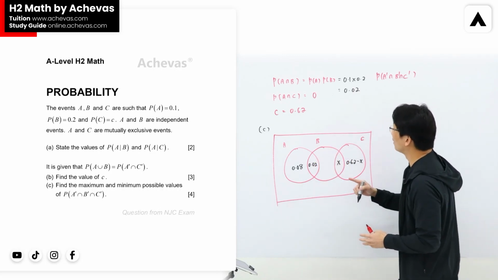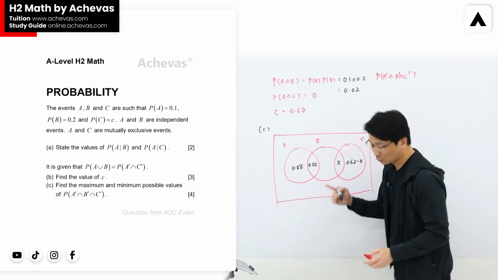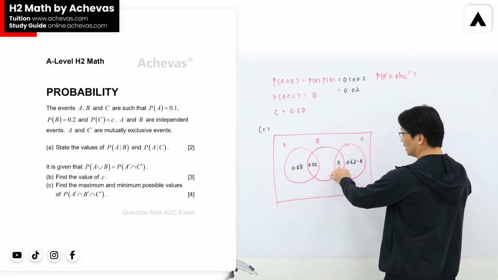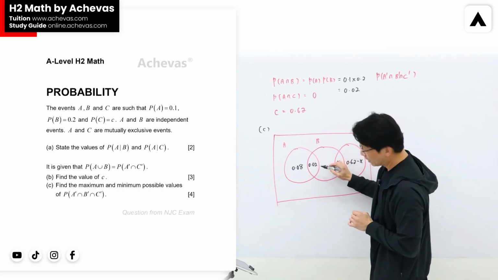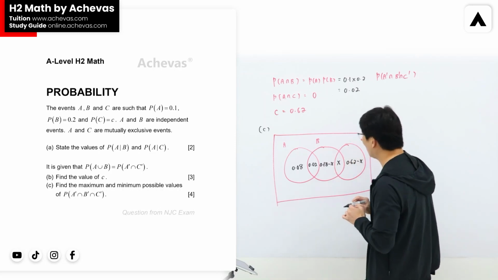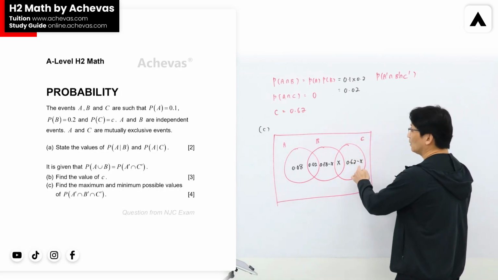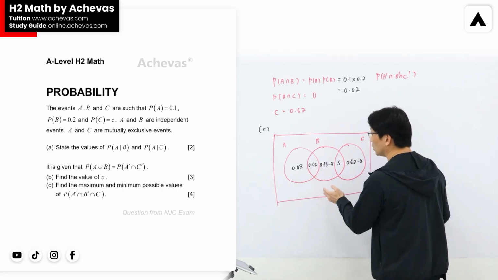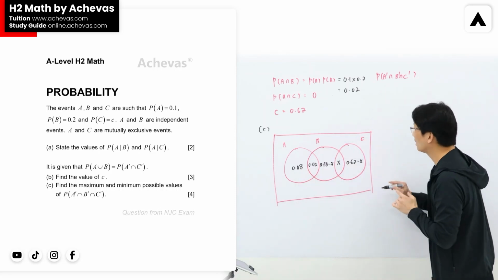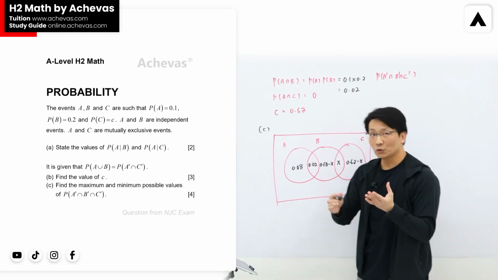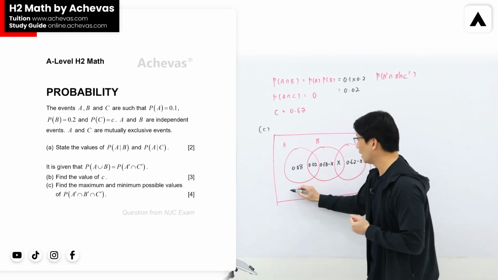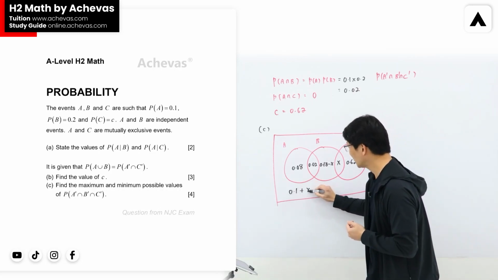Since the probability of B is given to be 0.2, I can use 0.2 minus away this, minus away this, which will give me a value of 0.18 minus X. After this, since we have filled up all these regions, there's one more region that I need to fill up, which is the one that is outside, which is this particular probability here. If I use 1 minus the rest of this probability, I will be able to get a value of 0.1 plus X.